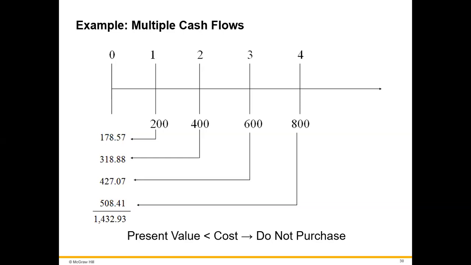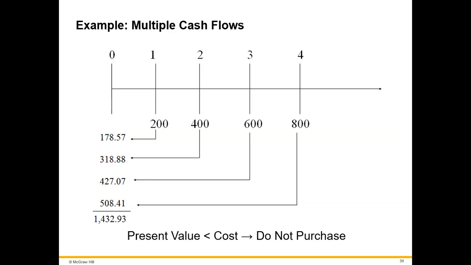Now take the future value of 400 divided by 1 plus the interest rate of 12% to the second power, because that would be at the end of year two. So I got 400 divided by 1.2544, $318.88.